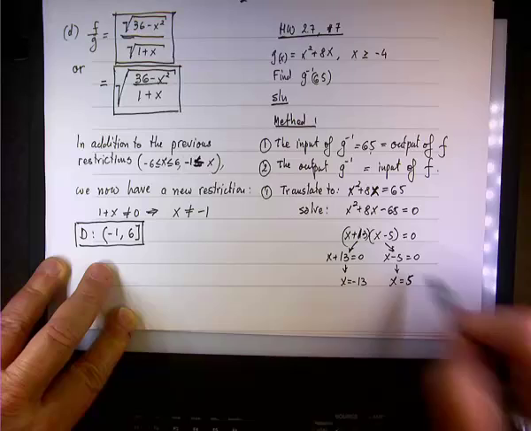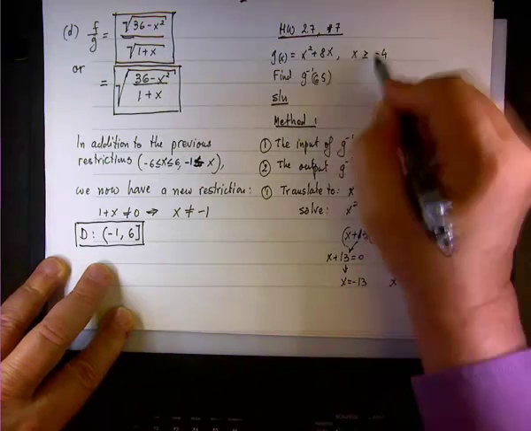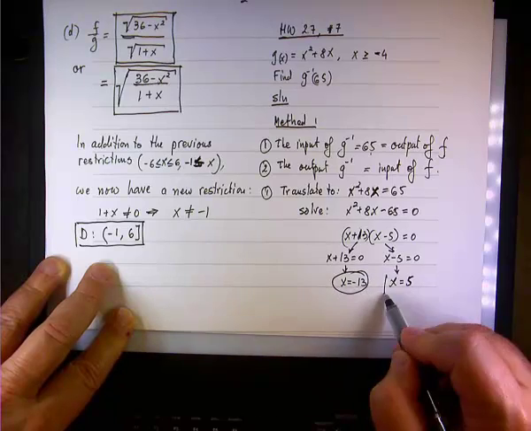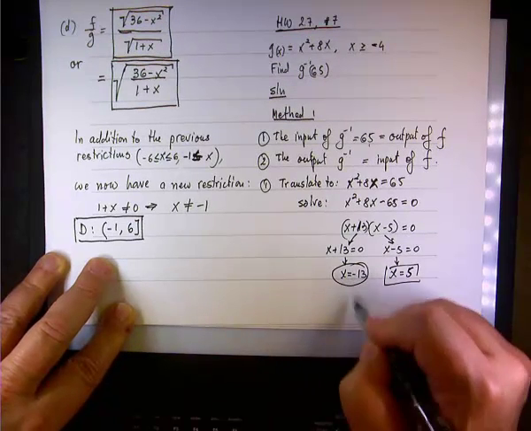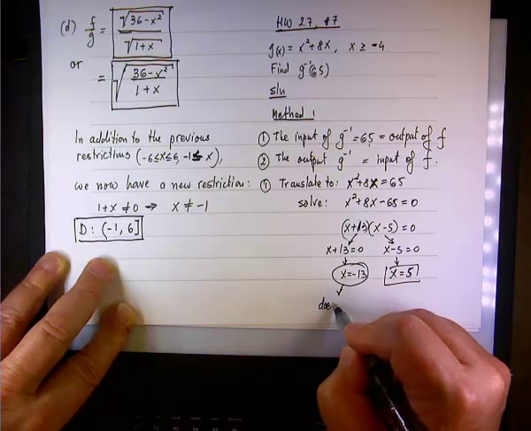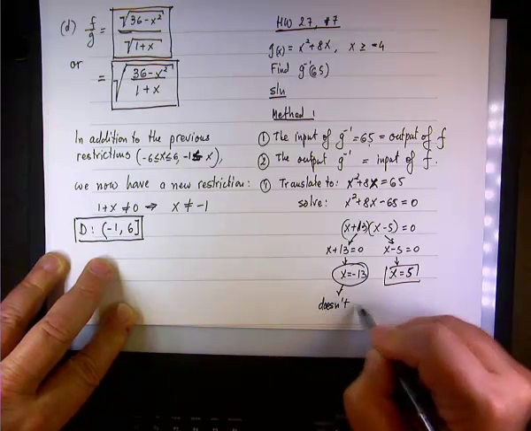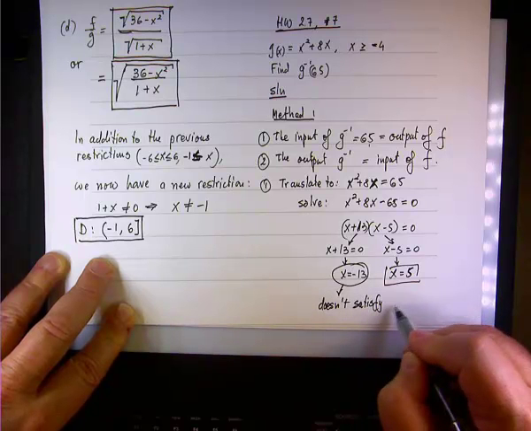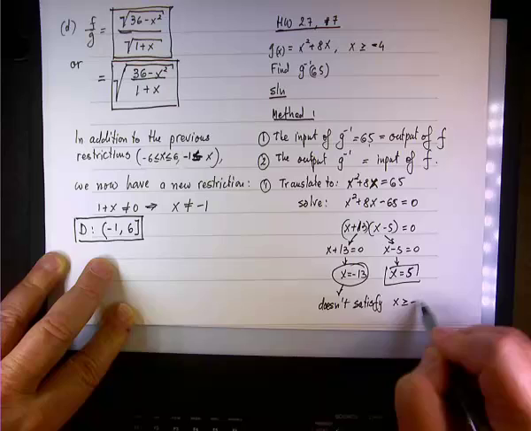Of the two solutions, which do we accept? Negative 13 does not satisfy x greater than or equal to negative 4.